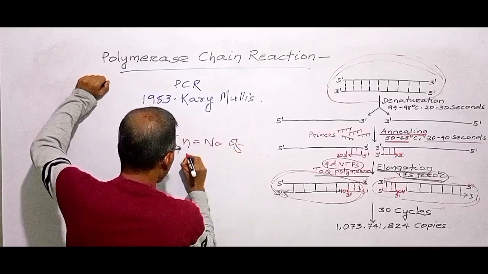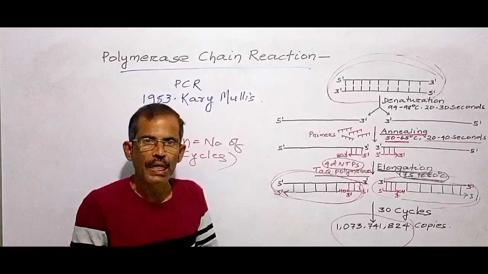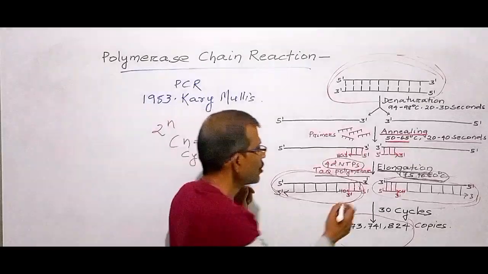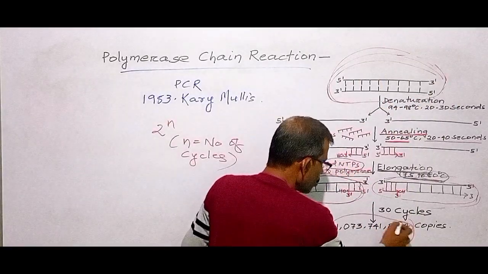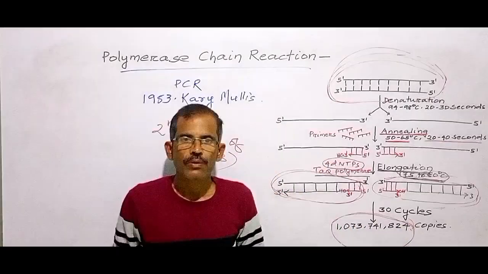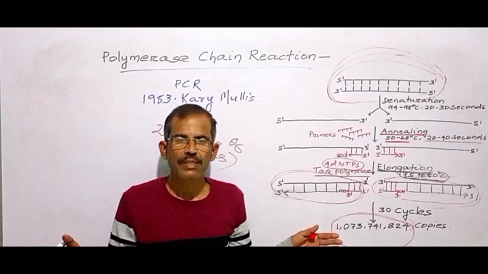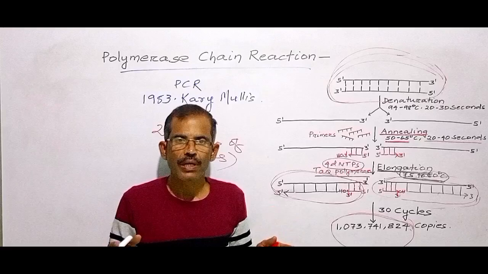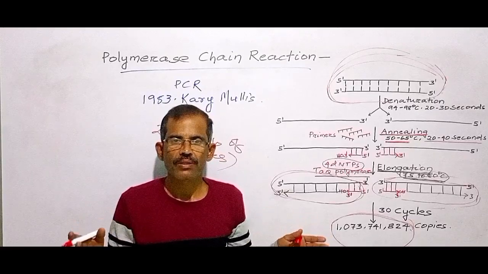If the process continues for 30 cycles from one DNA template, such a huge number of DNA copies are obtained. So friends, in this way, DNA sequences are amplified exponentially to yield millions of copies by polymerase chain reaction.